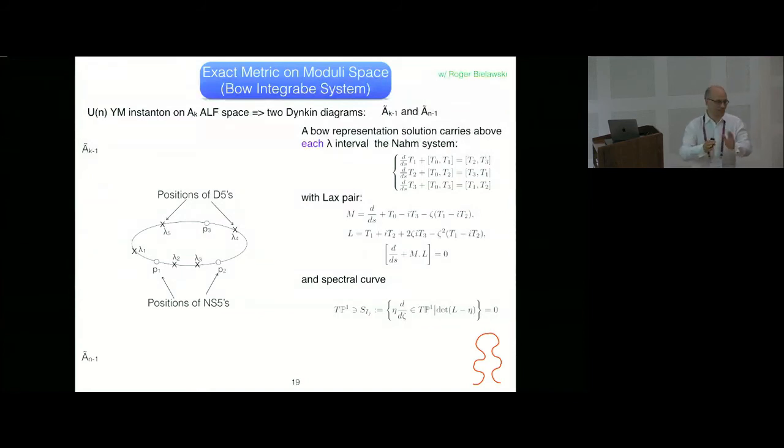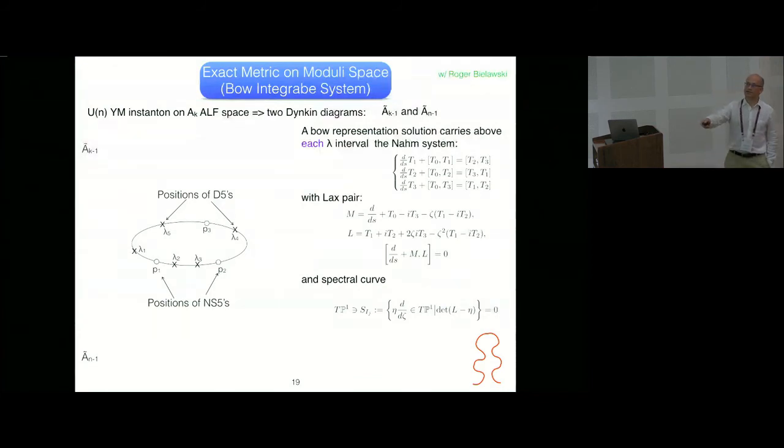Today, for simplicity, I'm talking only about U(N) instantons on Taub-NUT, but you can look at any G instantons on any ALF space, and in that case, too, the story will combine two Dynkin diagrams, one associated with the gauge group, the other with the underlying space. So in our story, as I was describing, there's a circle, and there are lambda points, which are positions of D5 branes, and P points, which are positions of NS5 branes.